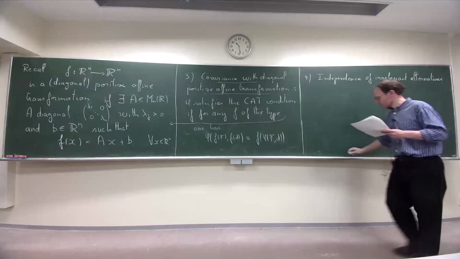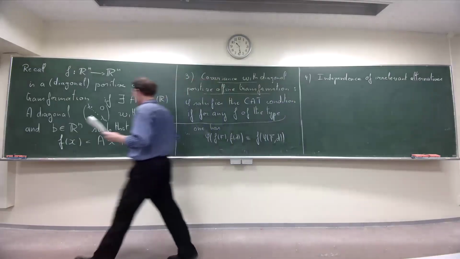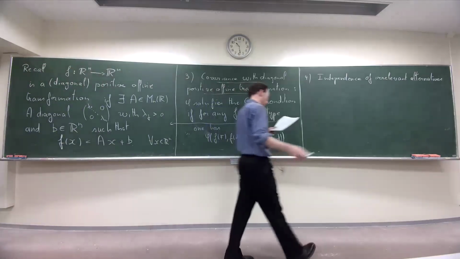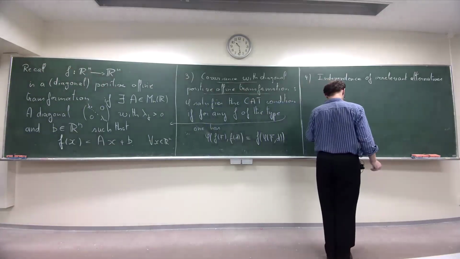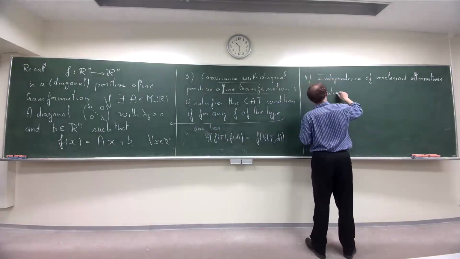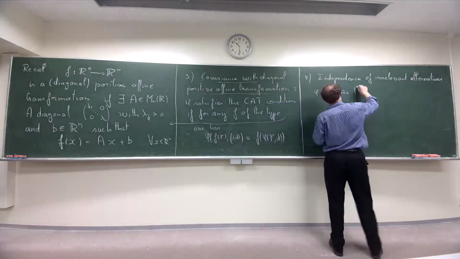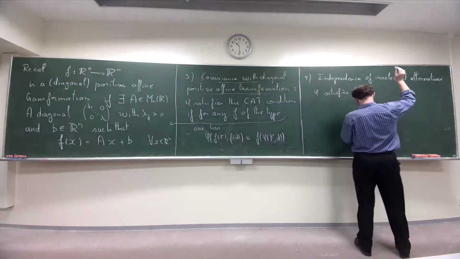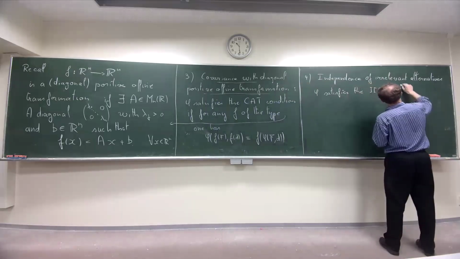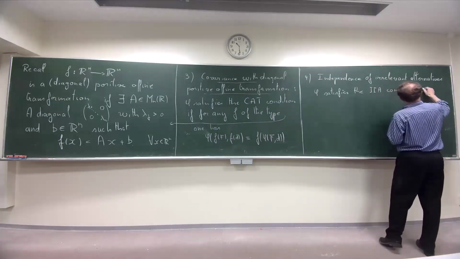So we have to check what is the meaning. And apparently this condition is, people are not always happy with it. So we say that phi satisfies the IIA condition if.